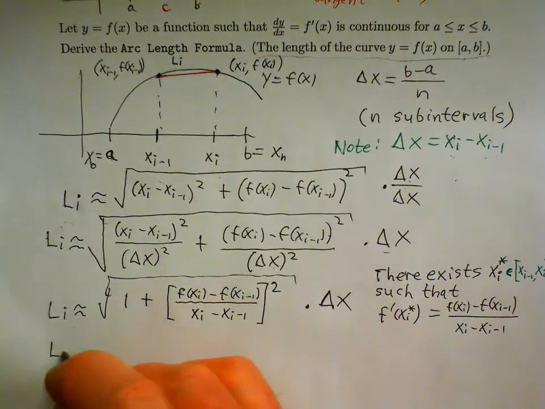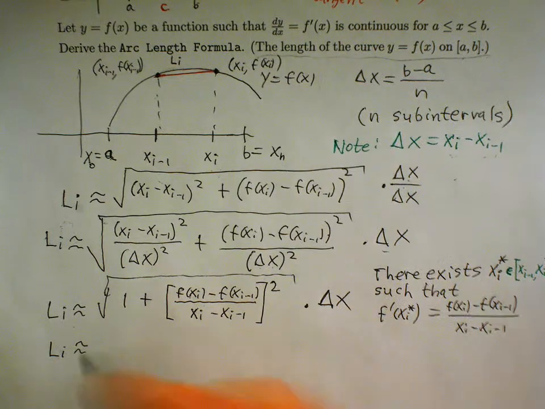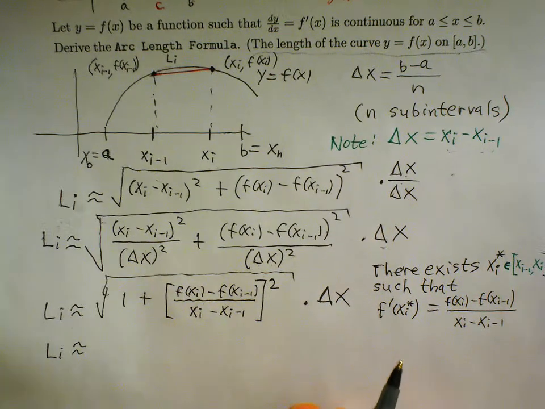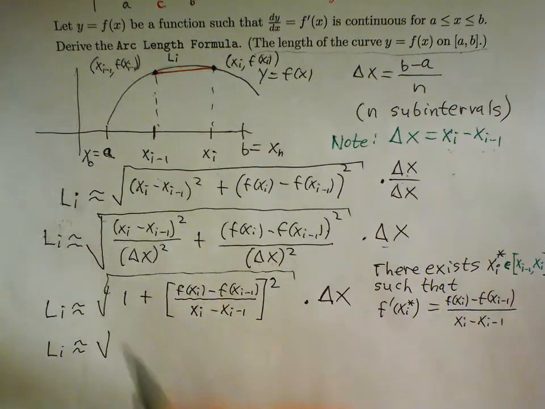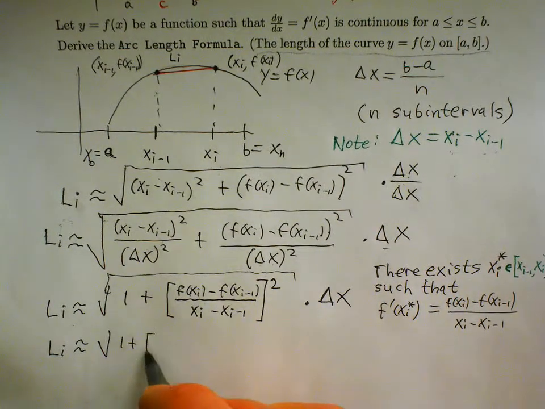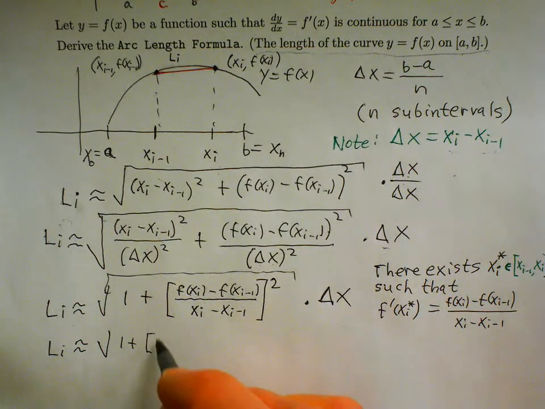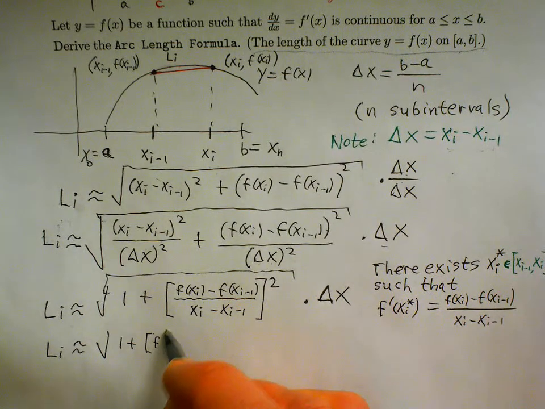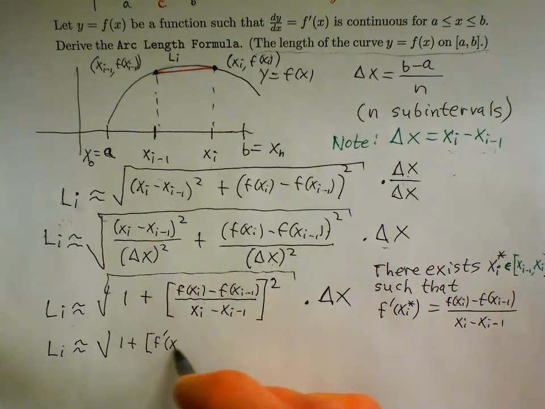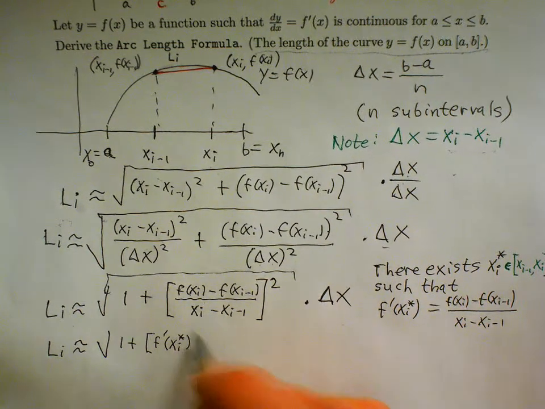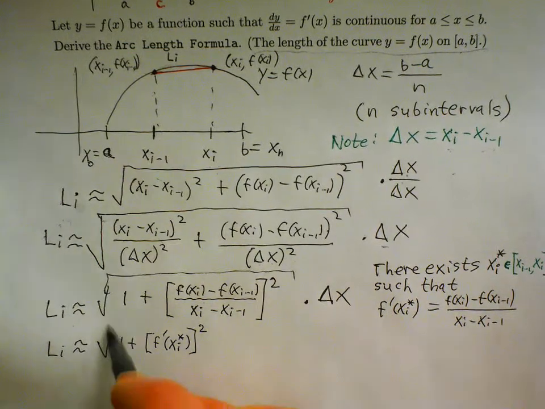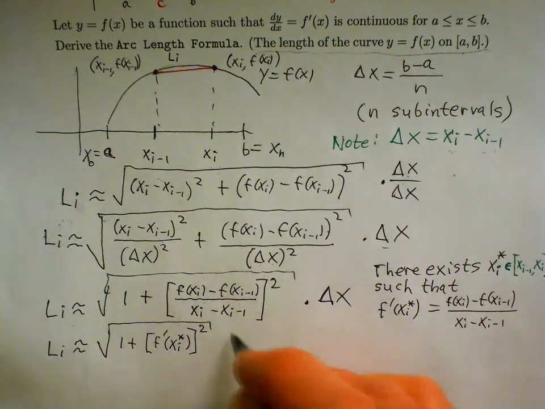L sub I is approximately equal to the square root of 1 plus the derivative f prime evaluated at x sub I star quantity squared, and then delta x.